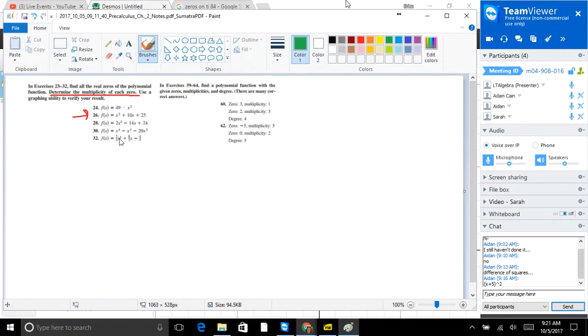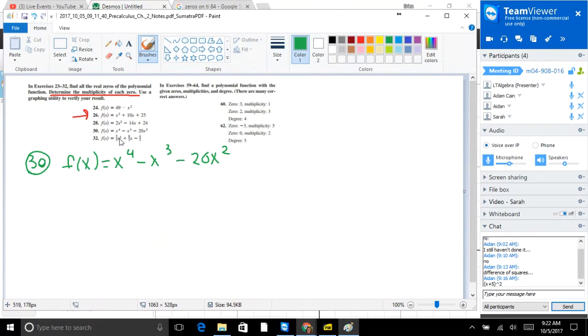All right, so let's actually try number 30. All right, so we have f of x equals x to the 4th minus x cubed minus 20x squared.